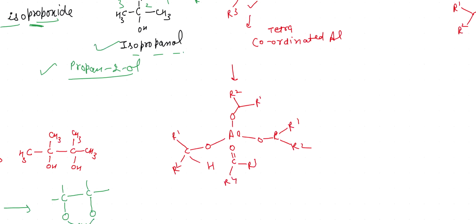This hydrogen will interact with the carbon and this oxygen will form the bond with aluminium and these two bonds will get broken. So I will also represent it with dotted lines so that you can see.